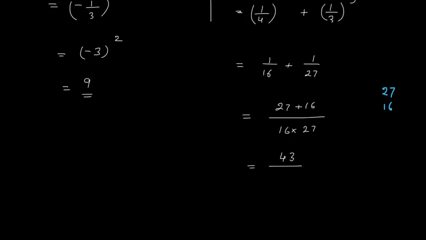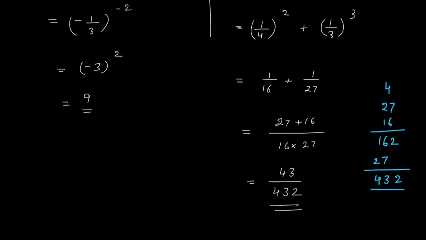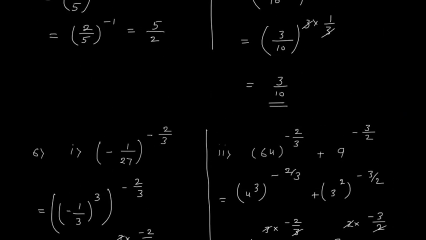So 6 7s are 42, 4, 6 2s are 12, 12 plus 4, 16, 1 7 is 7, 1 2 is 2. So this is 2, this is 3 and this is 4, 432. So 43 divided by 432 is your answer. This is our sixth question.